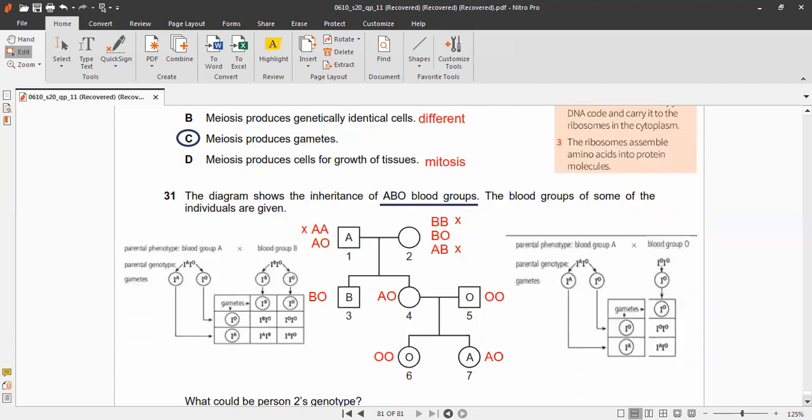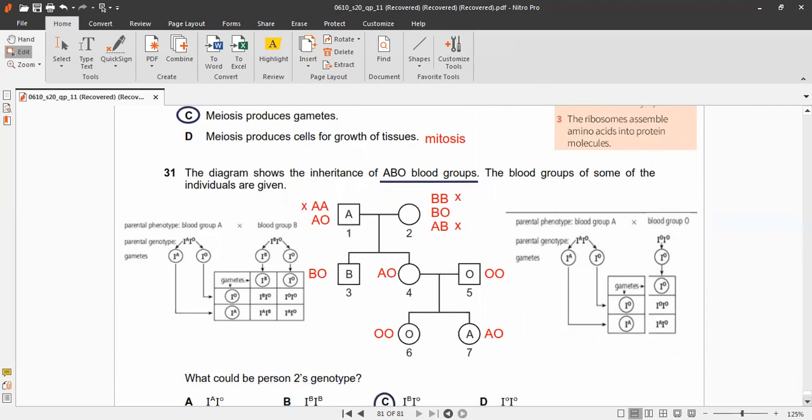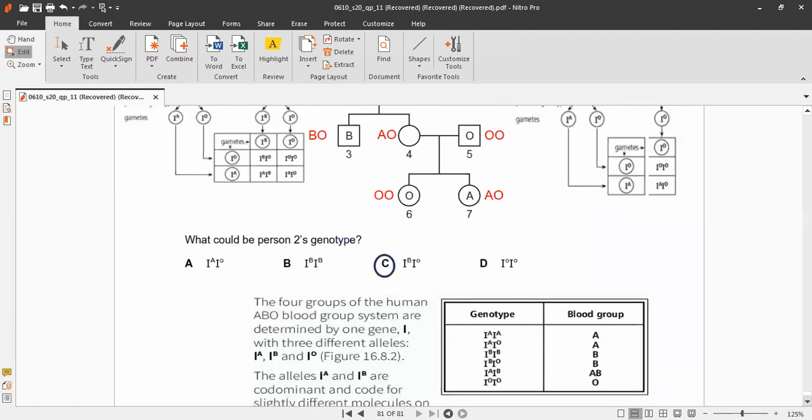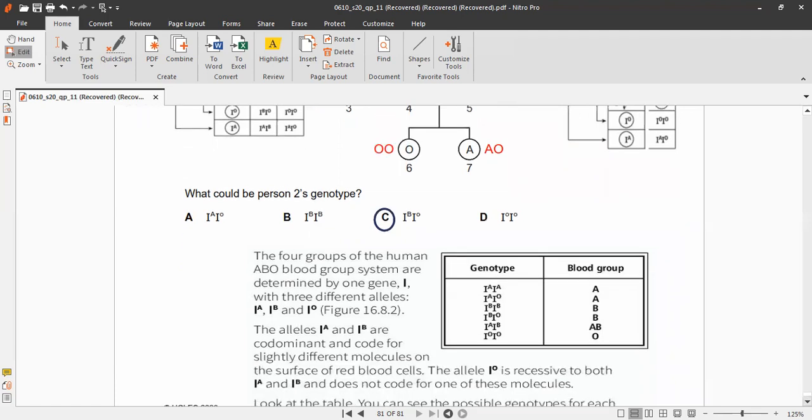The diagram shows the inheritance of ABO blood groups. The blood groups of some of the individuals are given. The 4 groups of the human ABO blood group system are determined by one gene with 3 different alleles. The alleles A and B are co-dominant and code for slightly different molecules on the surface of red blood cells.